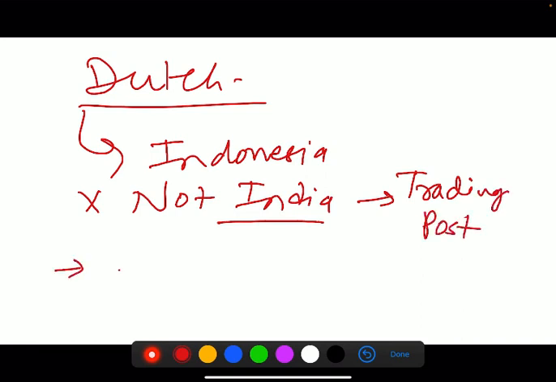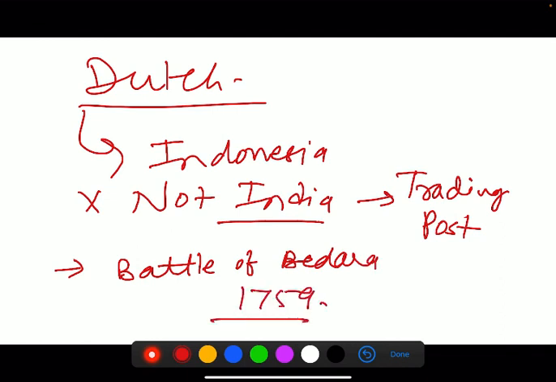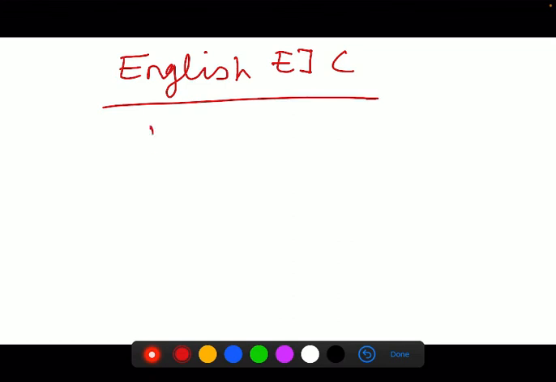Finally, in the Battle of Bidara in 1759, the British defeated the Dutch and they went back. Then after the Dutch, who came? The English East India Company, in 1604.